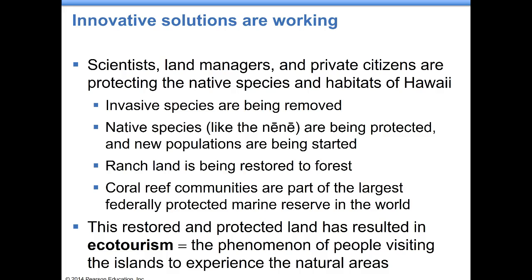They're using ranch land that is being restored to forest, and they're really looking at trying to protect the coral reef communities because they really protect the islands from biological factors like the tsunamis and disasters like that. And we're trying to protect the marine reserve for the world because, again, they are major resources in helping to keep the waters clean and control our climate.